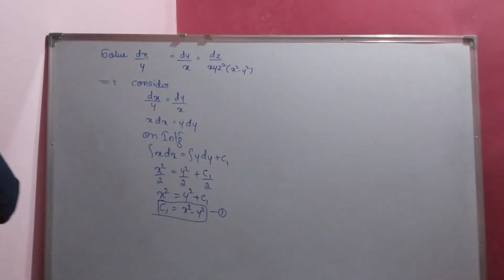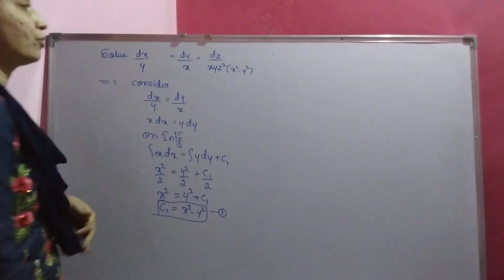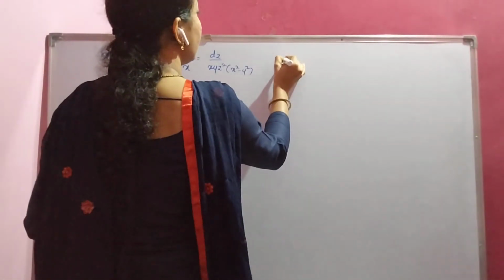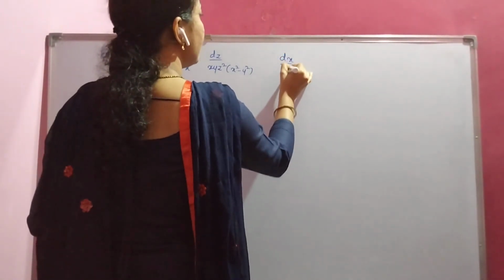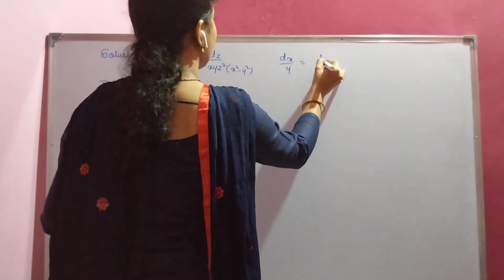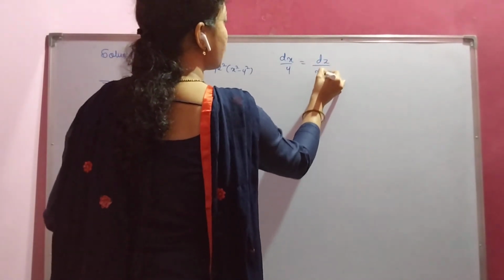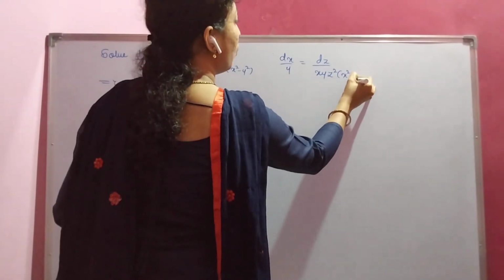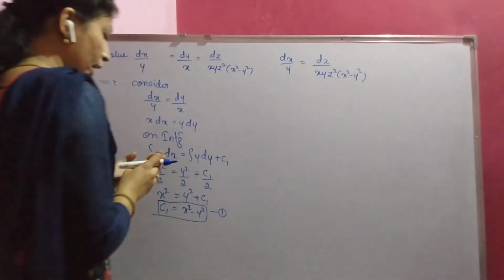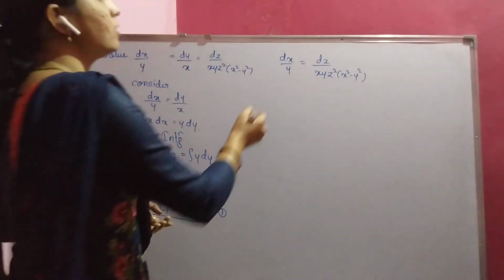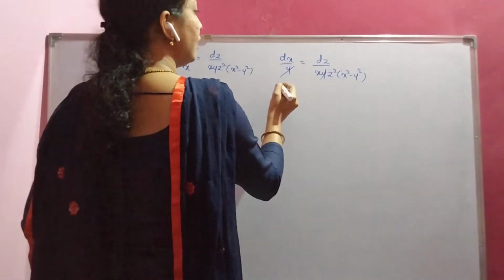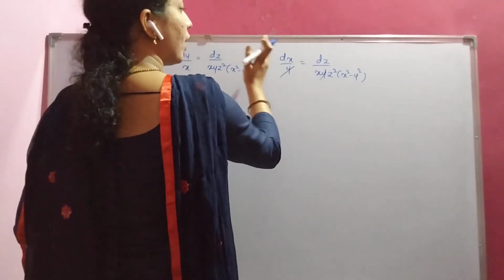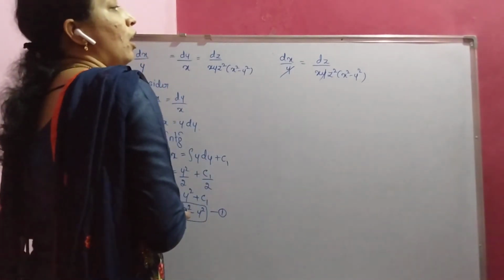Then next we consider the first and third terms. So here I can consider dx divided by y is equal to dz divided by xyz square into x square minus y square. Again here the y gets cancelled, then take this x to the LHS.